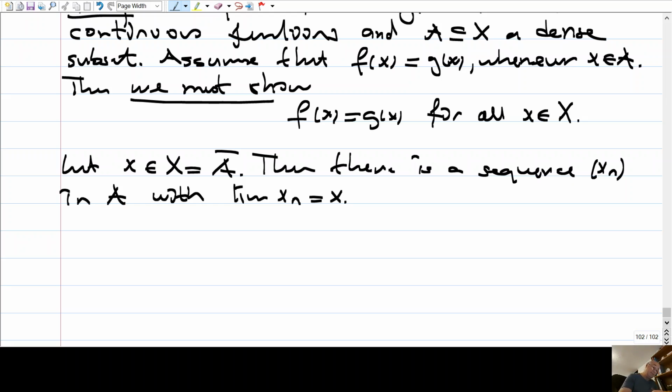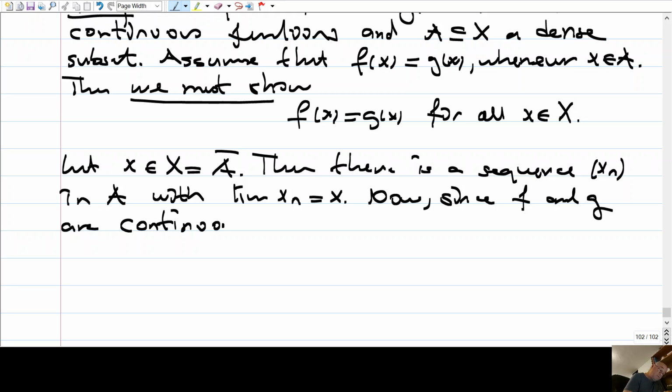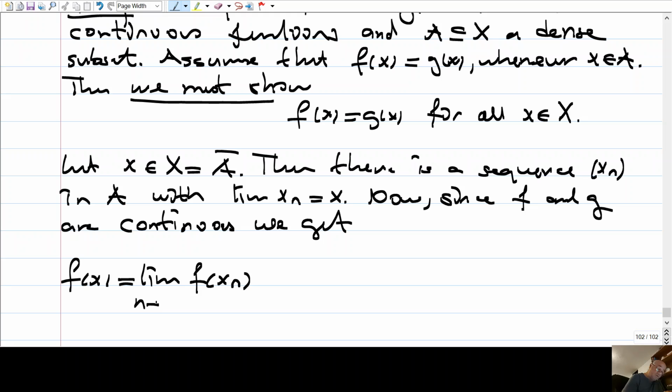But then we have what? Now, since f and g are continuous, we get what? f of x is equal to what? The limit of f of xn as n goes to infinity, right? This is just being continuous, right? If I have xn converging to x, then f of xn converges to f of x.